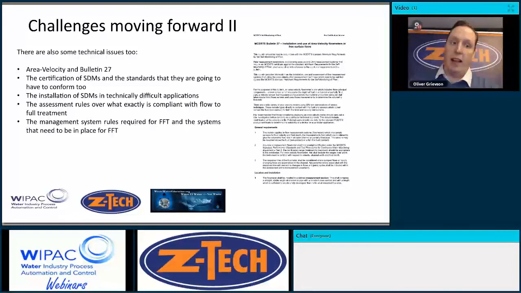But the challenge is moving forward. The technical delivery of the WINEP programme, you can quite frankly ask, is the water industry really set up to deliver it at the moment? There's a limited skills base in flow monitoring.